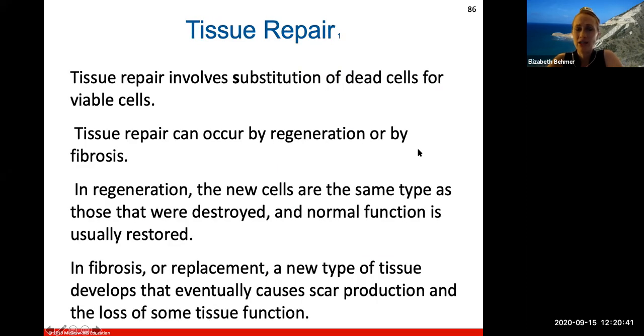Tissue repair involves substitution of dead cells. It can occur by regeneration or fibrosis. In regeneration, the new cells are restored. So if regeneration, things will be restored, new cells will be created, and normal function will be restored. Fibrosis is replacement, where a new type of tissue develops that eventually causes a scar production.